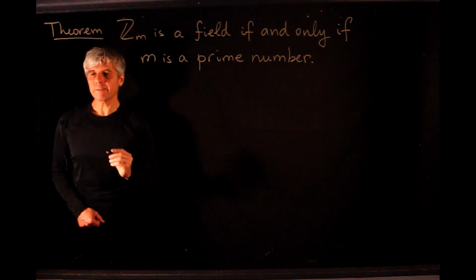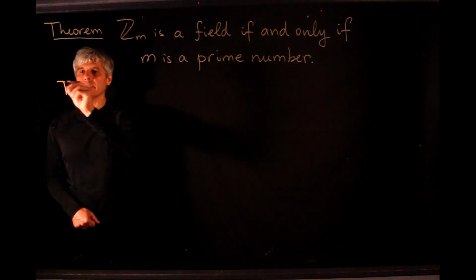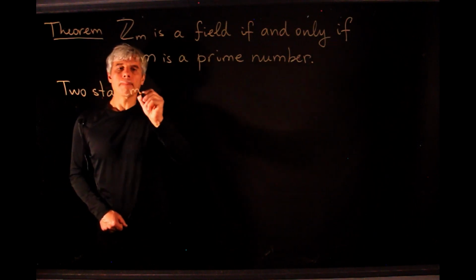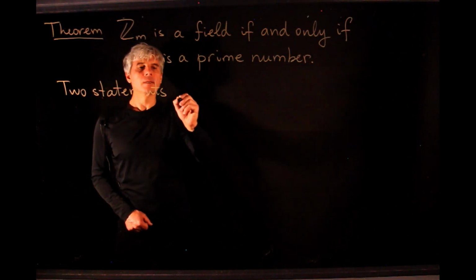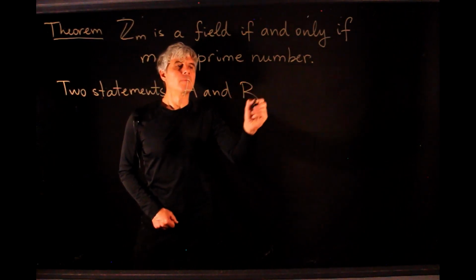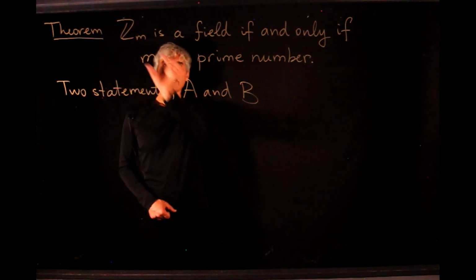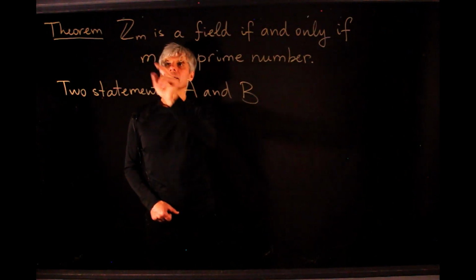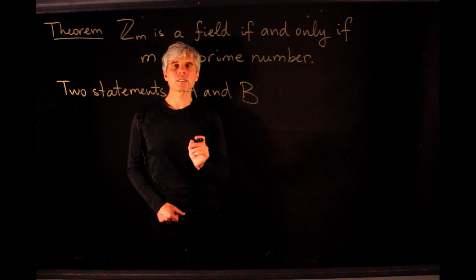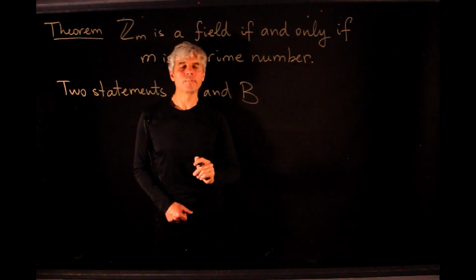So what we have here is two statements, A and B. In our case here, A is a statement that Zm is a field, and B is a statement that m is a prime number.